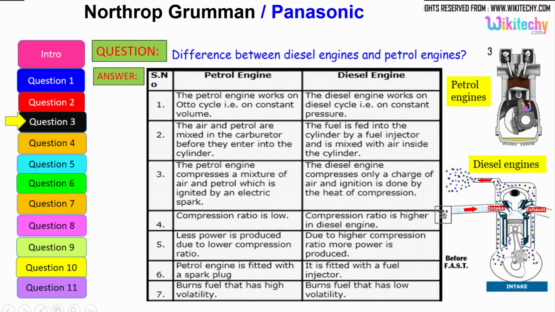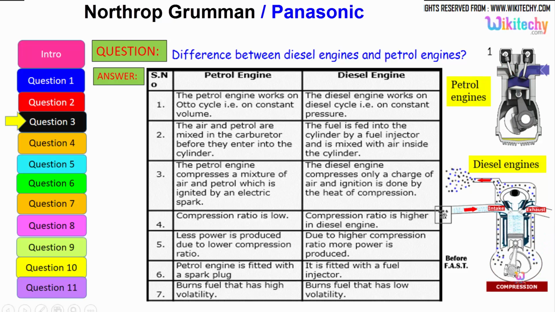Here the compression ratio is low, whereas in the diesel engine the compression ratio is higher. Less power is produced due to the lower compression ratio; with a higher compression ratio, more power is produced. The petrol engine is fitted with a spark plug.